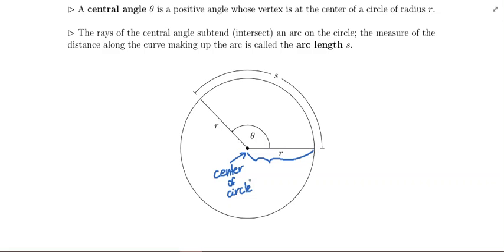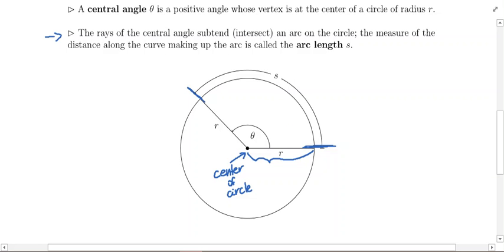In the second bullet point, what does it tell us? It tells us that the rays of the central angle subtend, which means intersect, an arc on the circle. The measure of the distance along the curve making up the arc is called the arc length, and we usually denote that with the letter S. So if you have a circle and a central angle drawn, the two rays that make up your angle intersect the circle.